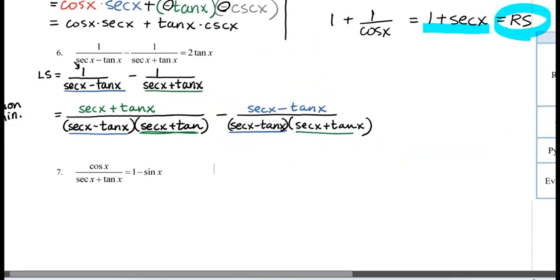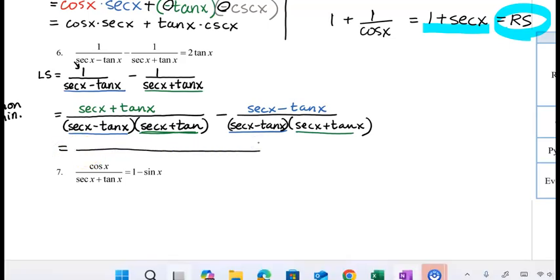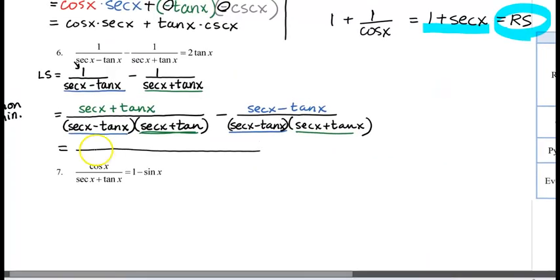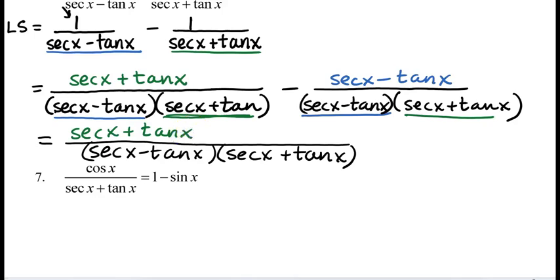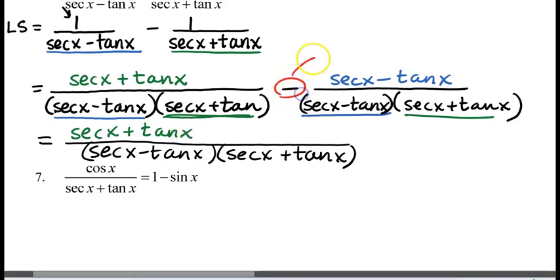So now we have a common denominator and we can combine all of this into one big fraction where the denominator will be the product of secant x minus tan x multiplied with secant x plus tan x. We're going to combine these numerators. In green we had secant x plus tan x, and then in blue, be careful here because we have a minus sign going to the secant to give us minus secant x, and we have a minus sign going to the tangent to give us plus tan x.